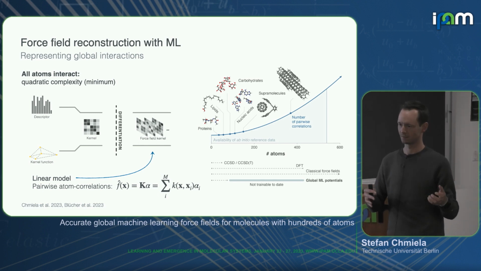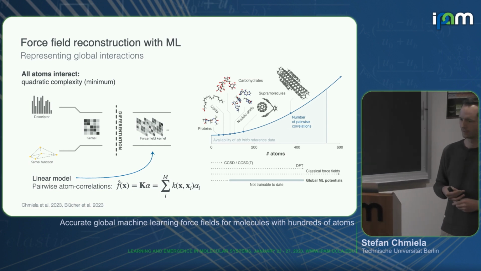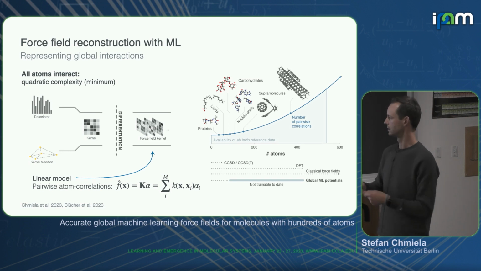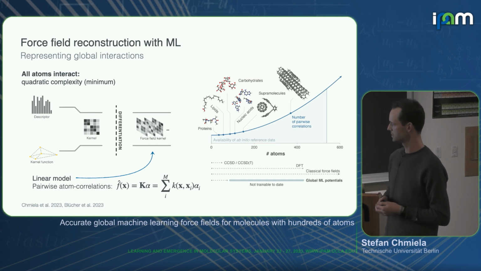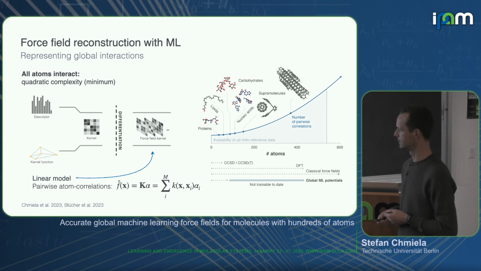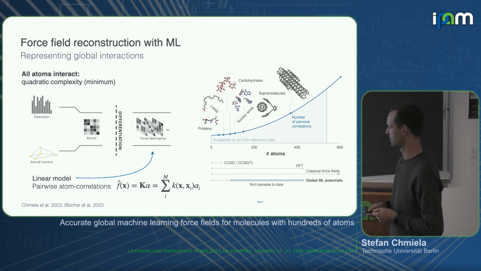The bottleneck is finding a manageable global model, not finding the data. DFT scales well enough into those size regimes of a few hundred atoms, and we can use DFT to generate enough reference data for our models.